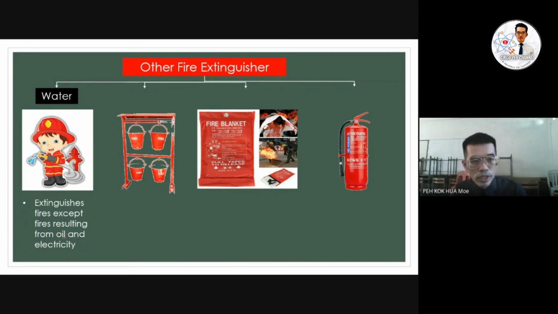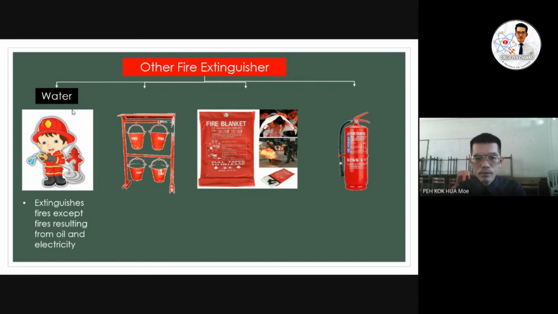Actually, the water type of extinguisher, as mentioned just now, is only able to extinguish solids. Water is also not suitable to put off fire caused by liquid. Why? Because flammable liquids, normally petrol and kerosene, have a lower density. So they will float on the surface of water and cause the fire to spread to a wider area. So water is only able to extinguish the solid type of fire.